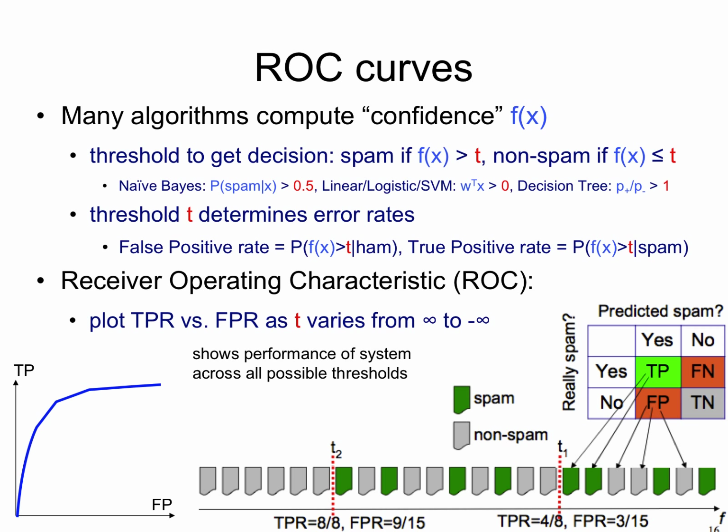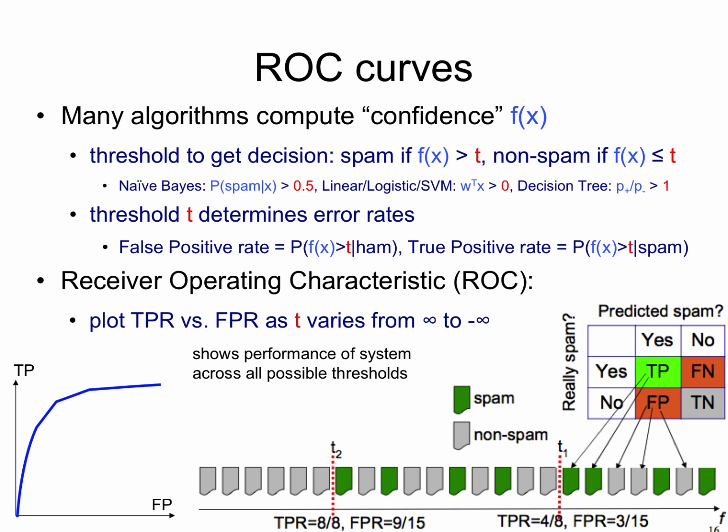My false positive rate, if I set a threshold right here. So false positives, what have I classified as positive? Everything to the right. Is there anything to the right? No, it's 0. So my true positive rate is 0, my false positive rate is 0, so I'm going to get a point right here on the graph. Here I have the false positive rate, the true positive rate, okay?